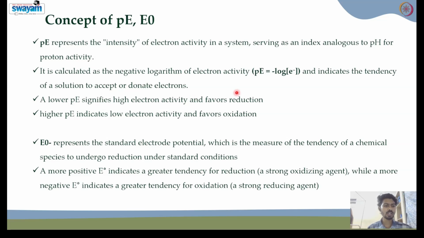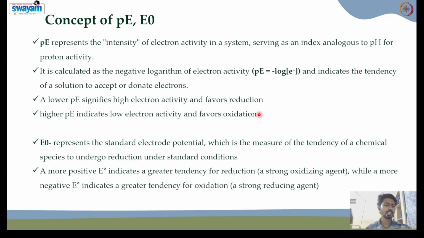So the solution favors the reduction reaction. Whereas conversely, a higher PE indicates a low electron activity and it always favors the oxidation reaction. And this is a more important concept and you need to understand this term in order to understand the oxidation reduction mechanism. If the value is lower, it will always favor the reduction reaction. And if the value is higher, it will favor the oxidation reaction.